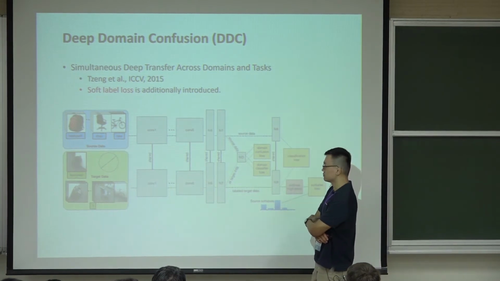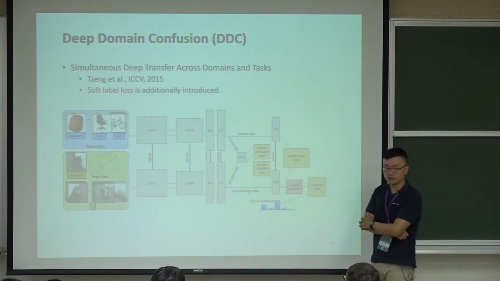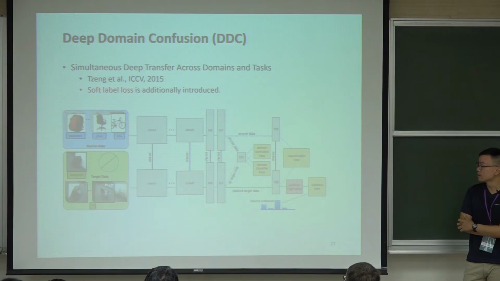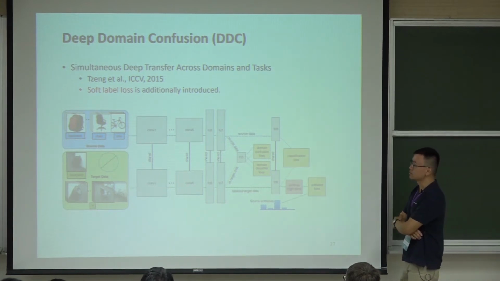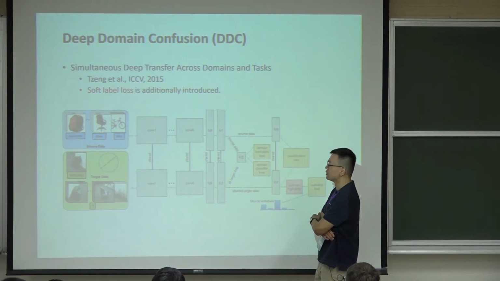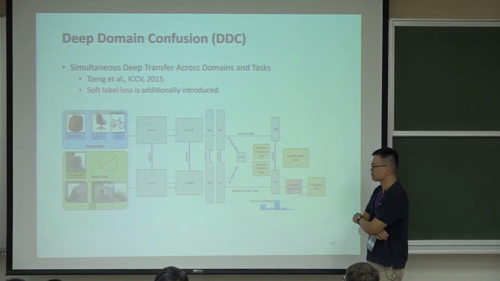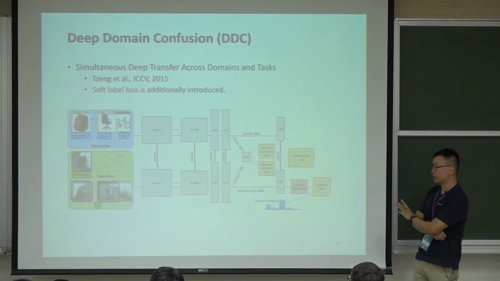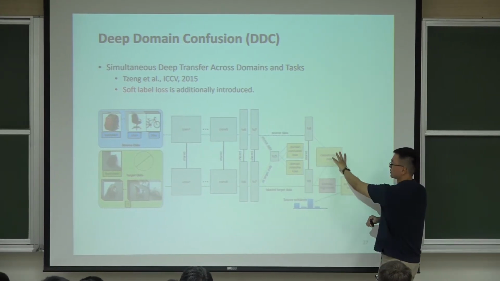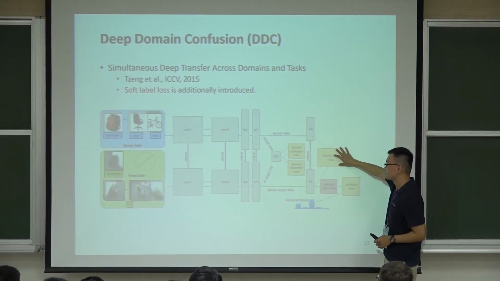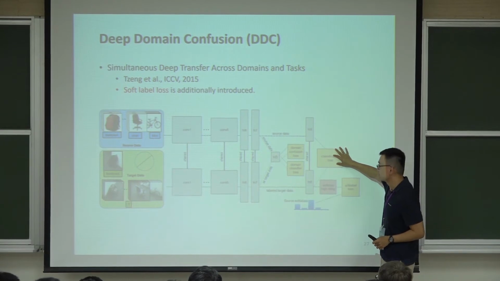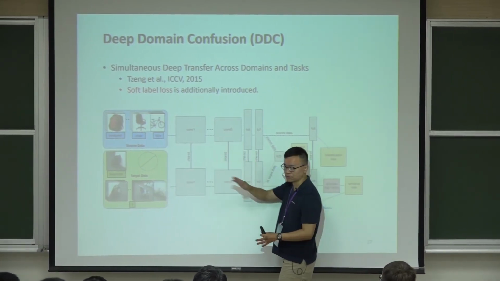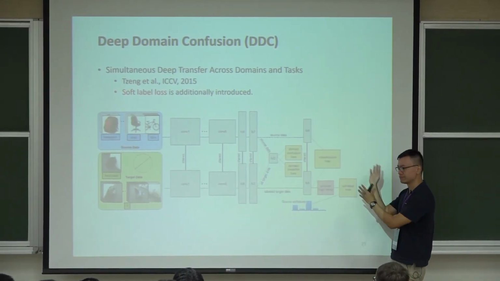Well, they also did a little bit more in this ICCV work. That is, they add an additional sub-label loss. But anyway, I think the most important thing is the classification loss only comes from the source domain data. And again, these are shared models, so they just plot this the other way, horizontally.